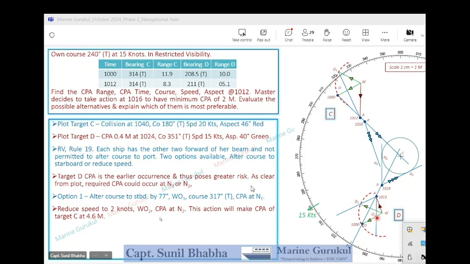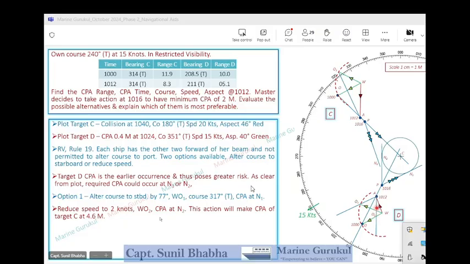Now you see, if our speed is reduced so that in 12 minutes we do not cover a distance of WO, but instead we cover a distance of WO2. You can see this WO2 vector. If we cover a distance of WO2 by reducing our speed in 12 minutes, our triangle would be WO2 Alpha.